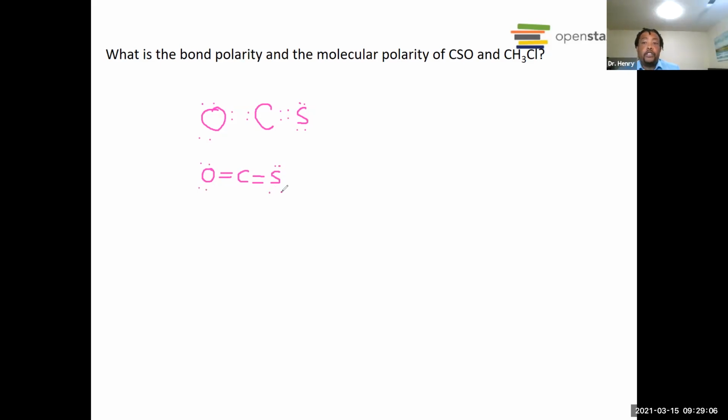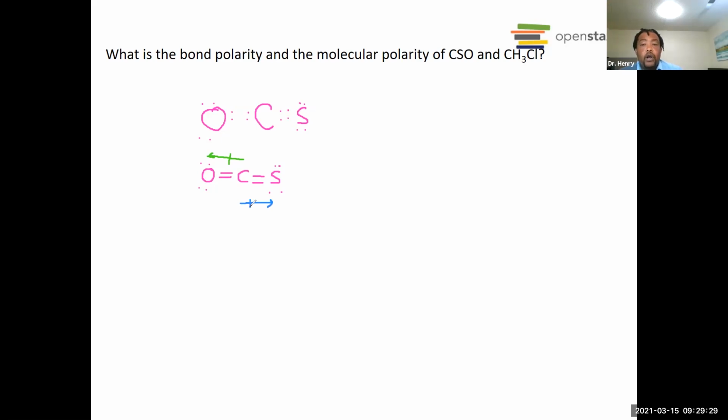Okay, so in terms of bond polarity, who's going to be favored? Oxygen. For carbon and oxygen. And what about carbon and sulfur? It would be the sulfur again, right? Okay.